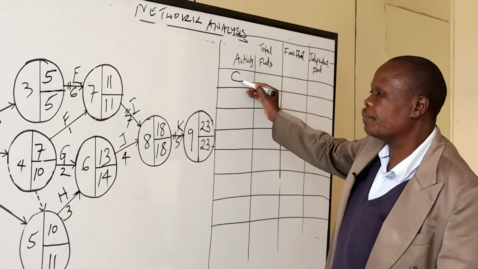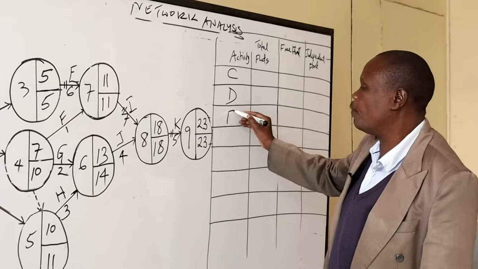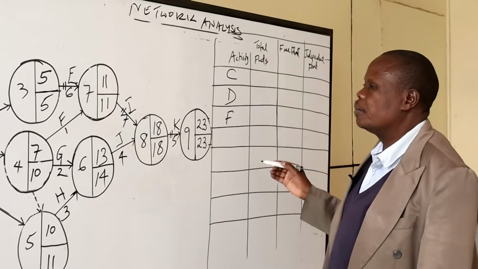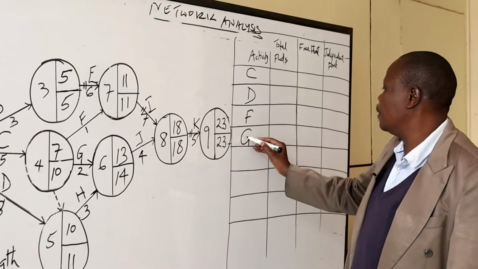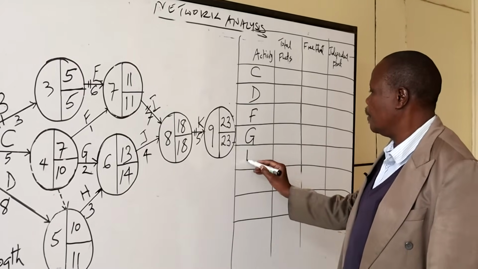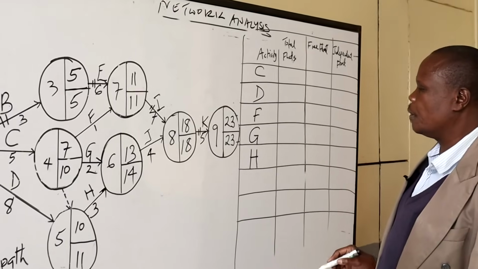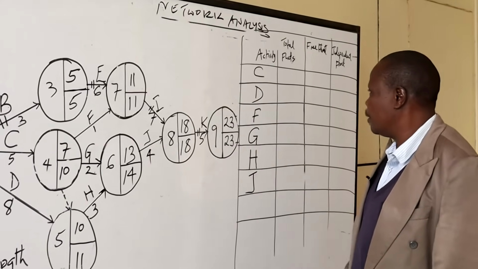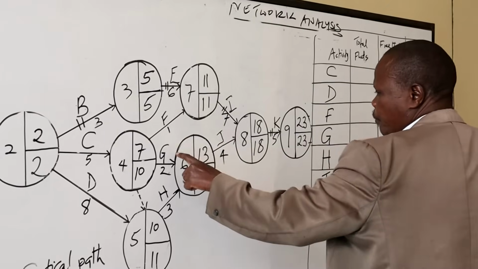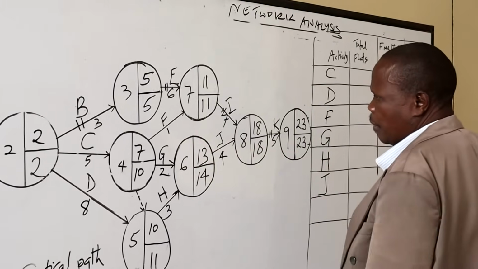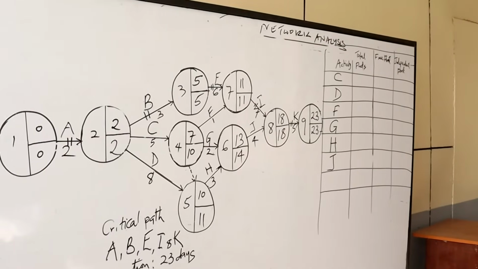The first one is C. The second one is D, F, G, H, and J. So that is C, D, F, G, H, and J. The rest are activities which are existing along the critical path.